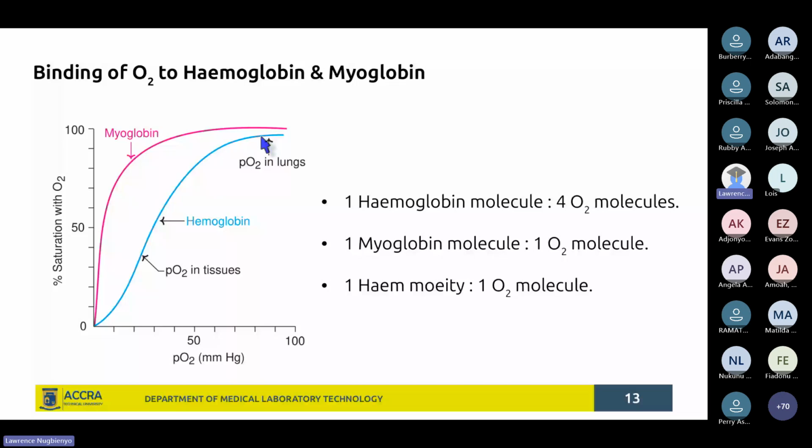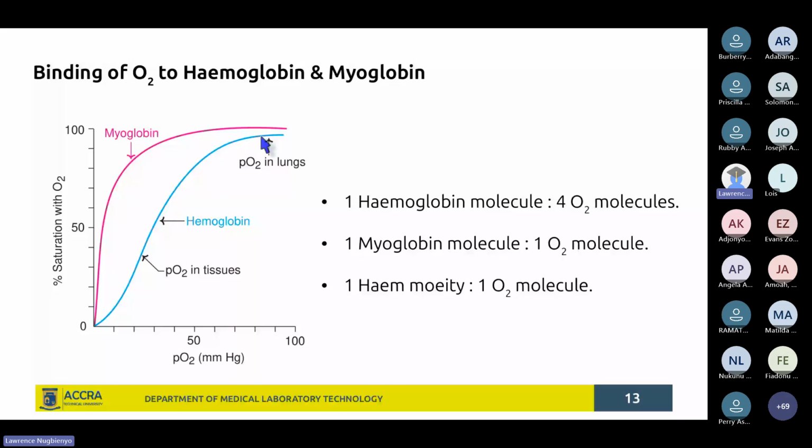The air that we breathe in is rich in oxygen. So that is where the partial pressure of oxygen is high. And at the same time, hemoglobin is carrying 4 molecules, which is 4 times more than what myoglobin can carry.